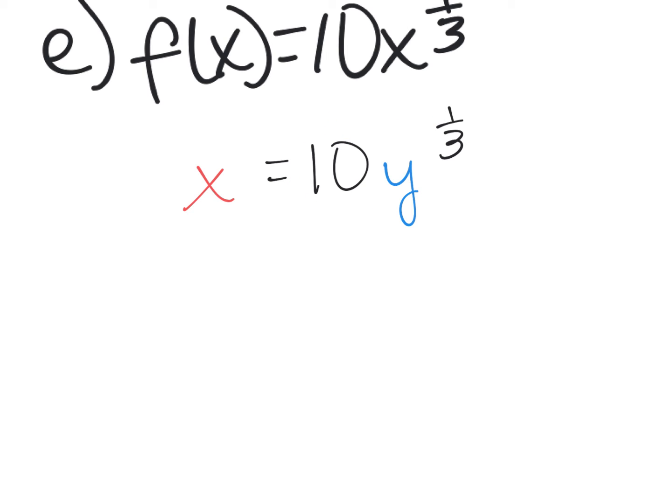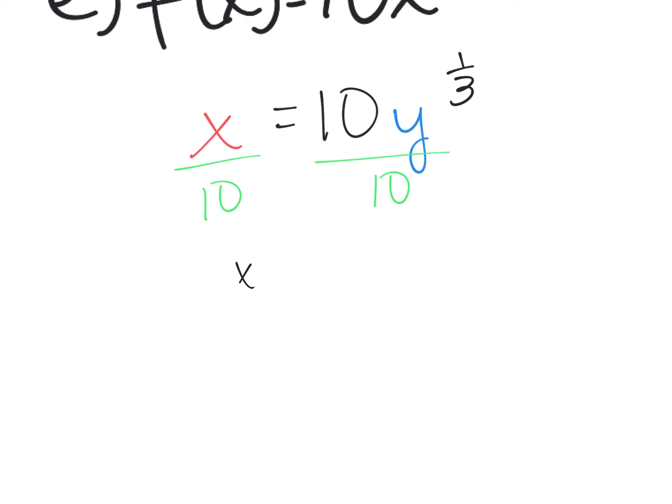So if there were parentheses right here, then we would just take that to the 3rd power. But since that's not the case, we have to get that 10 off of the y to the 1/3 first. So we're going to divide by 10, divide by 10. So x over 10 is equal to y to the 1/3. Now I need to get that 1/3 off, so I'm going to raise it to the 3rd power.